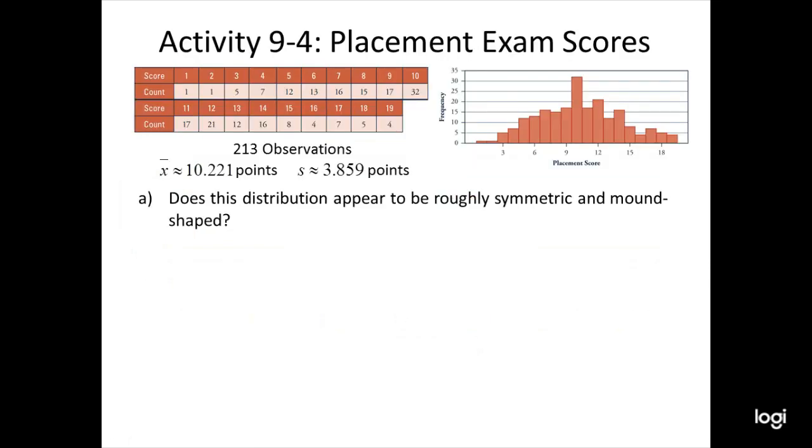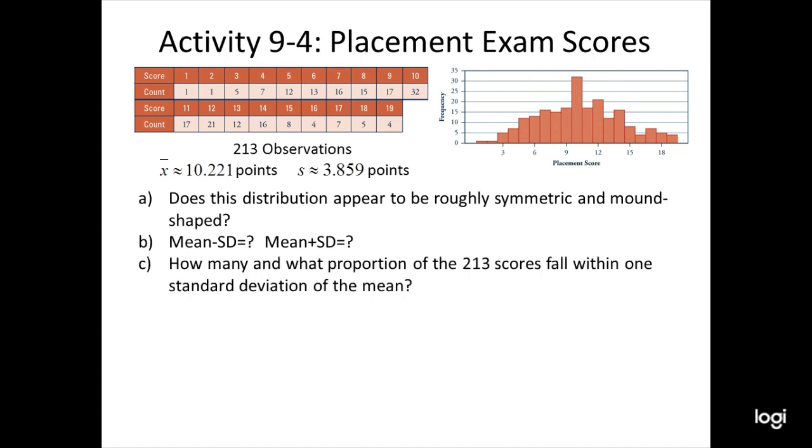So now we want to answer a bunch of questions, and they don't seem like they're taking us anywhere, but they really are. Let me go through the questions first, and then we'll switch over and start to answer them. The first thing we're asked to do is subtract the standard deviation from the mean, and then add the standard deviation to the mean. That will give us two bounds, a lower bound and an upper bound, that measure what's within one standard deviation of the mean.